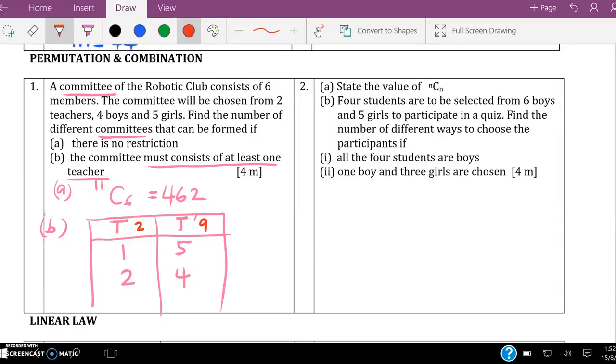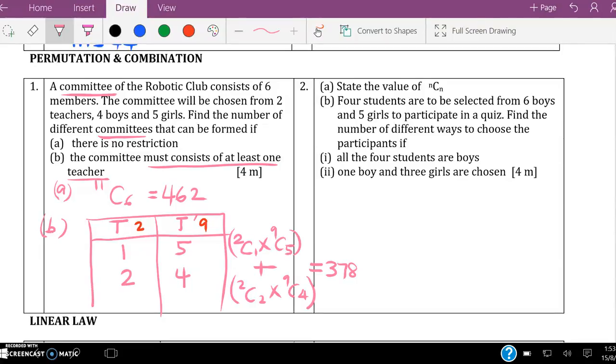So our calculation is 2C1 times 9C5 plus 2C2 times 9C4, equal to 378.